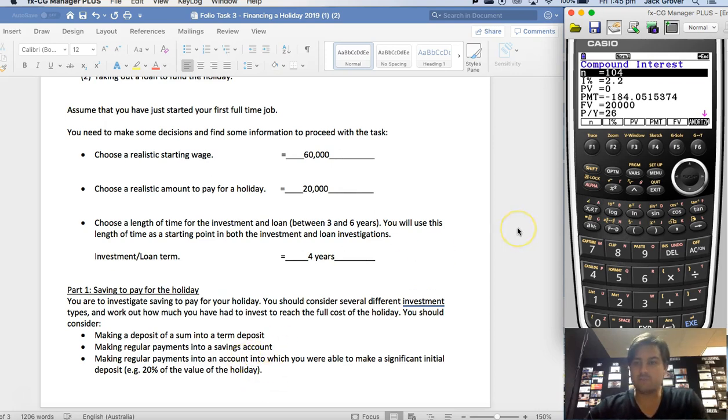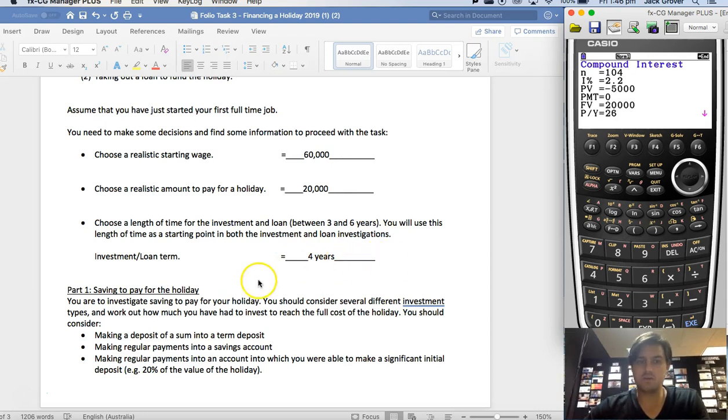The third point is a mixture of the two. So everything will stay the same, N stays the same, interest rate will stay the same. Our payment we can put back to zero, but let's say I've already got $5,000 at the start of this 4-year investment period, and I've put that into the account.